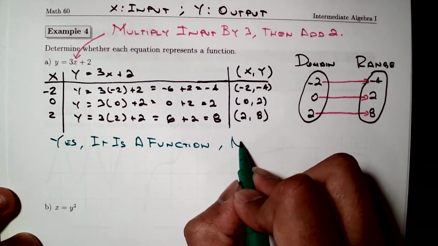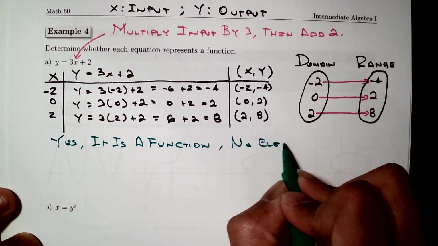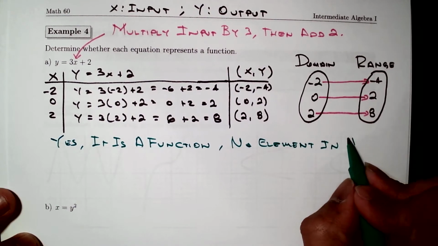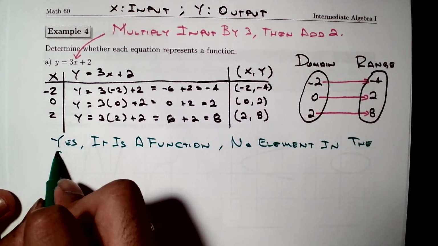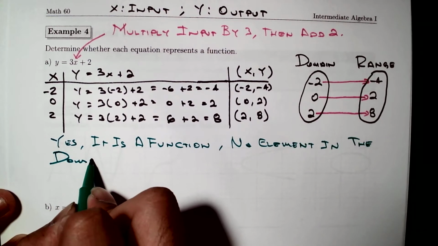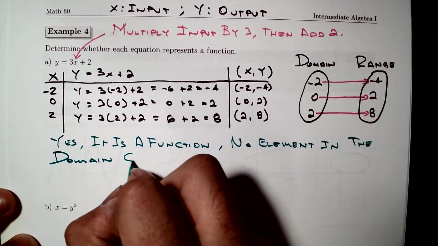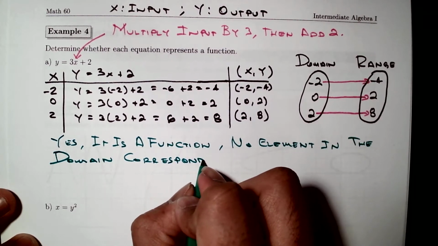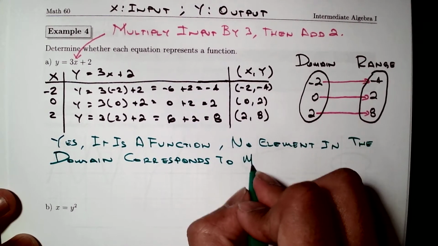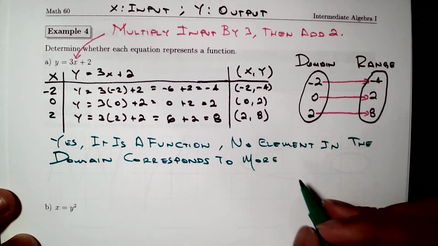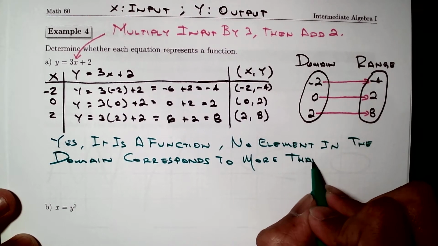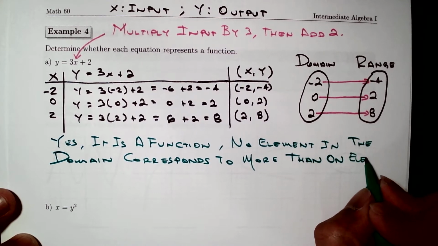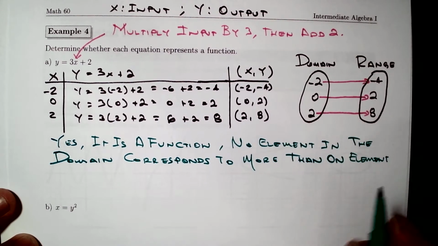Because no element in the domain corresponds to more than one element in the range.